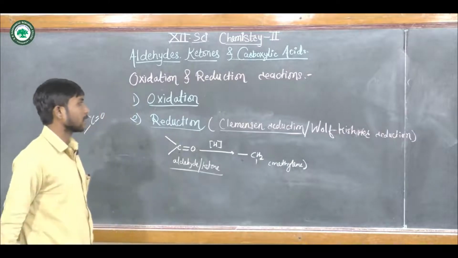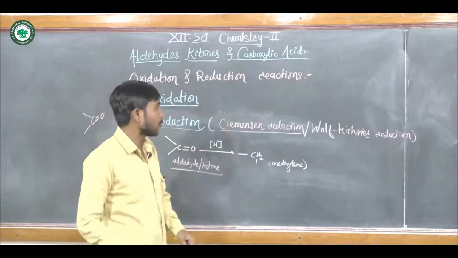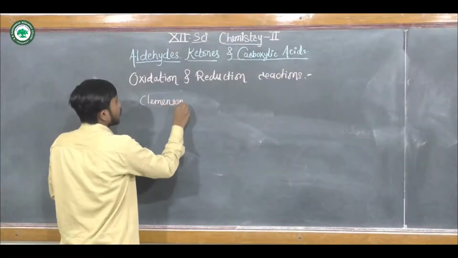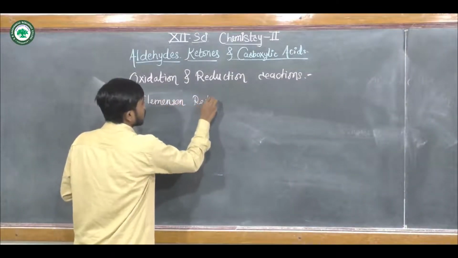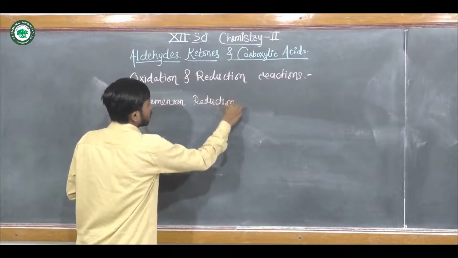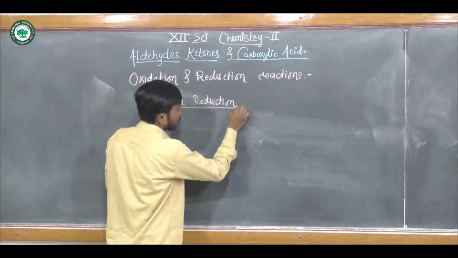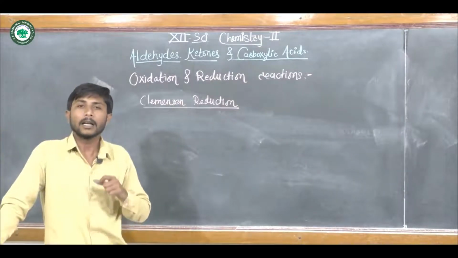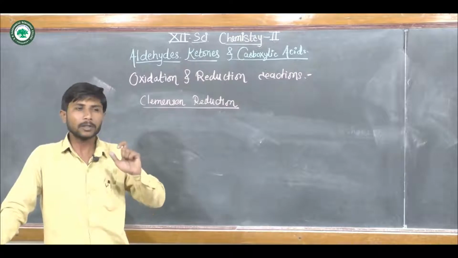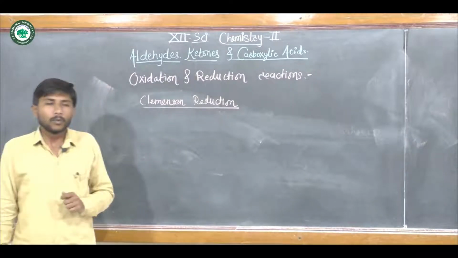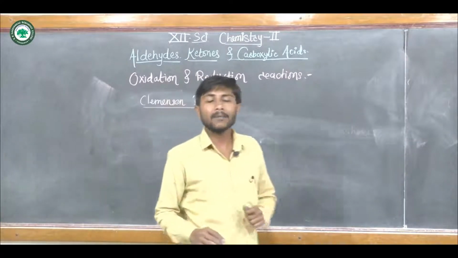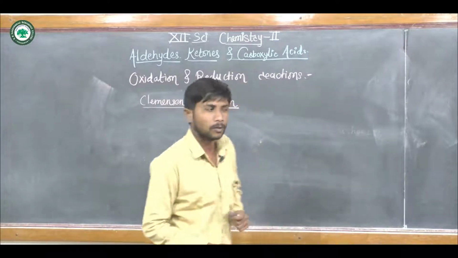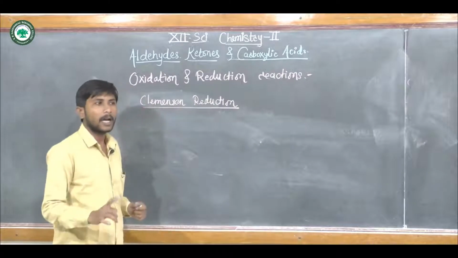Now, for this reduction, let us see Clemmensen reduction, one by one. Generally, for the carbonyl carbon, when showing this reduction reaction, we are going to use zinc amalgam and concentrated hydrochloric acid.